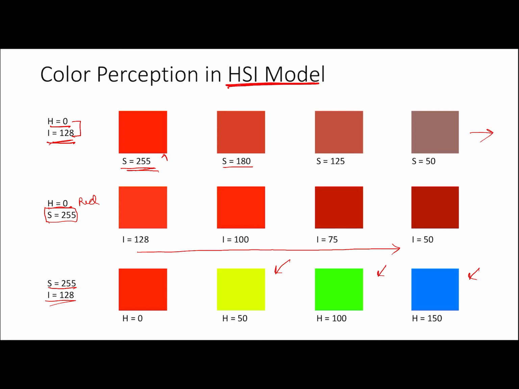Suppose we have a rectangular object which is of green color, and it has non-uniform illumination.